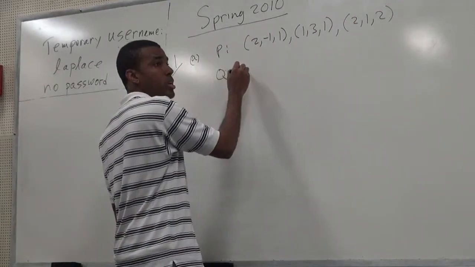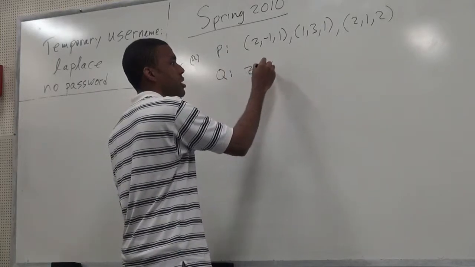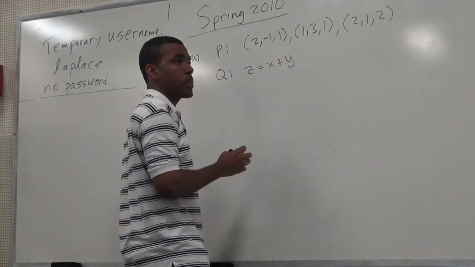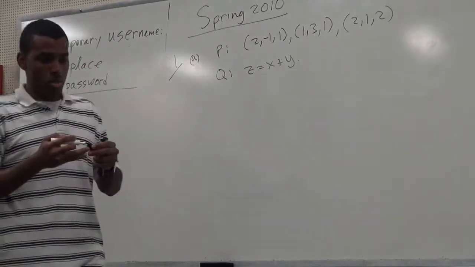Q is actually the plane z equals x plus y. Okay, I want to find the line of intersection of these two planes.